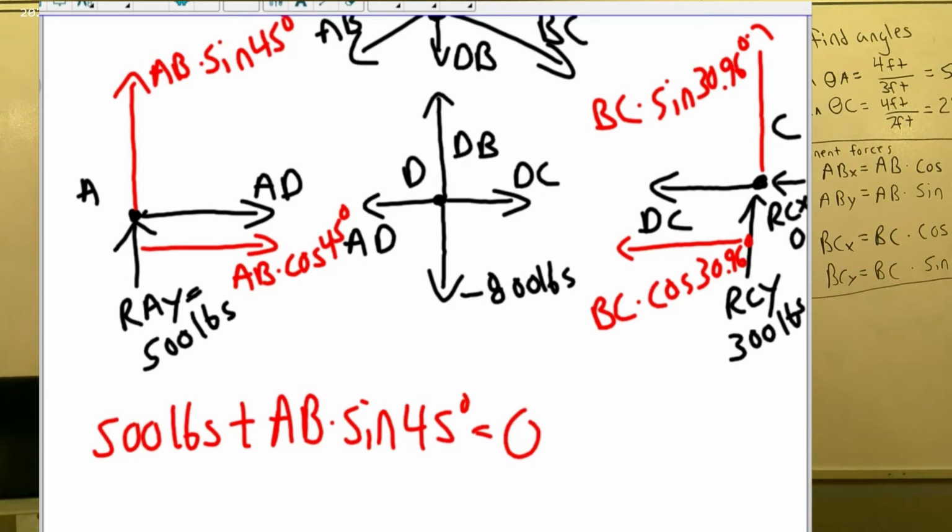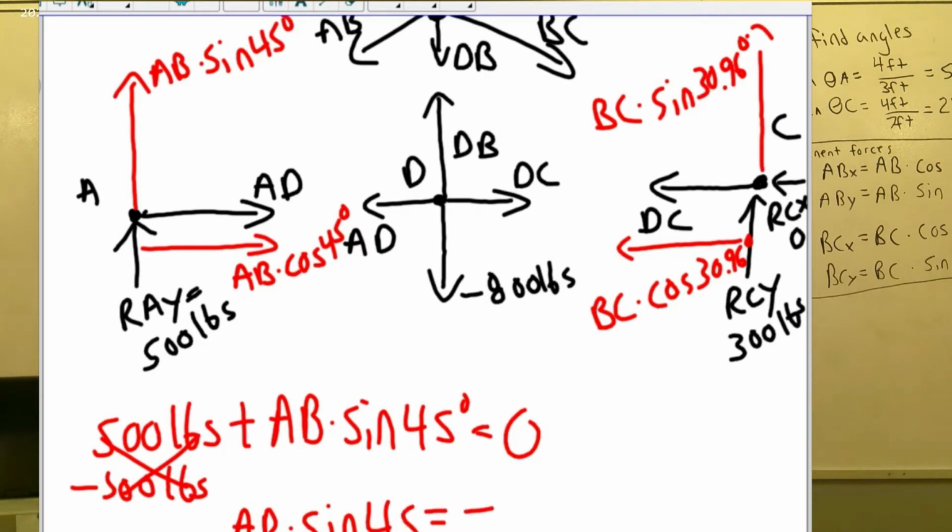Now, I want to work on getting my AB by itself, so I'm going to subtract 500 pounds from both sides, and what I end up with is AB times the sine of 45 equal to negative 500 pounds.